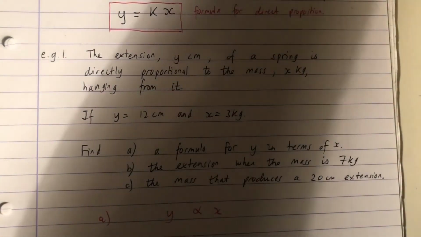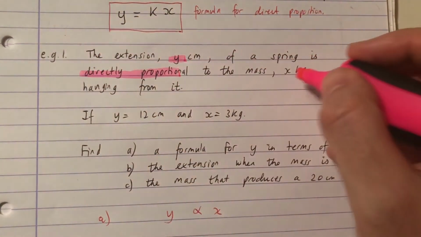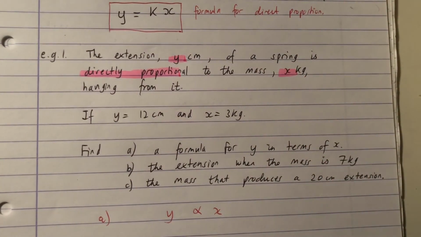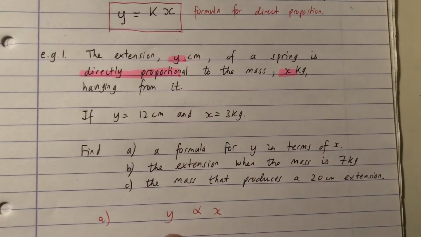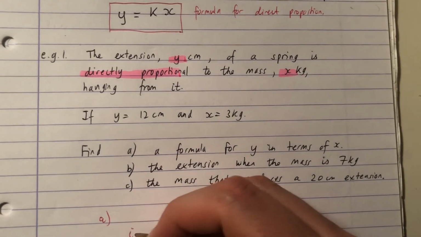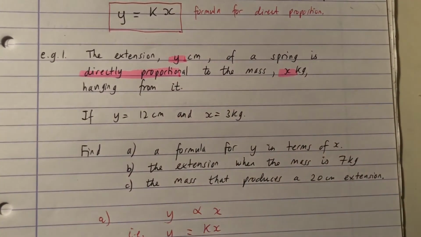All I've done is concentrate on those key things to rewrite this as y is directly proportional to x. And then I need to know that this means the formula above: y is equal to something times x, and for that something they use the letter k.